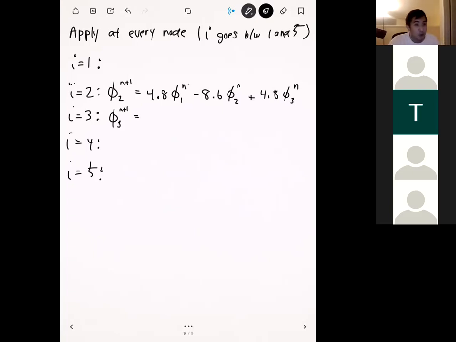We're going to have a similar equation for phi 3: phi 3 n plus 1 is equal to 4.8 phi 2 n minus 8.6 phi 3 at n plus 4.8 phi 4 at n.